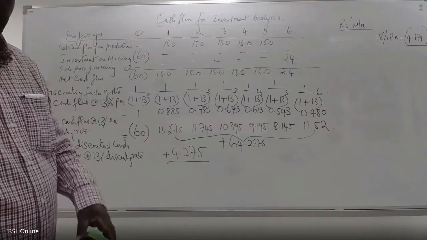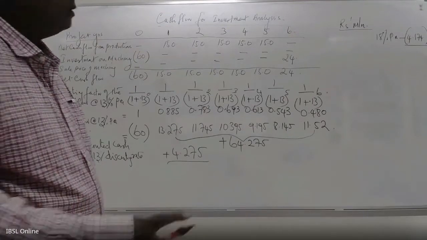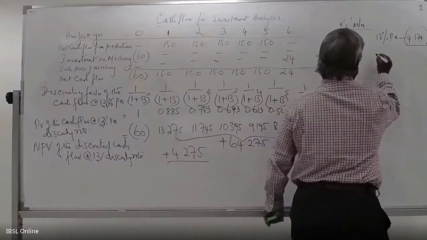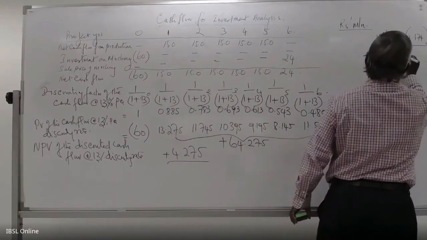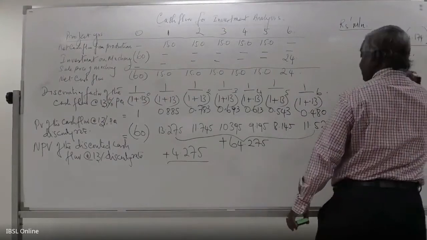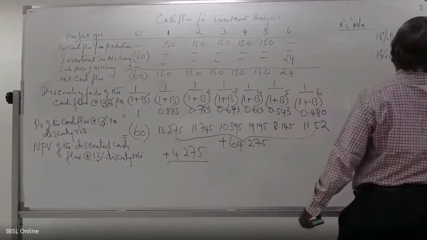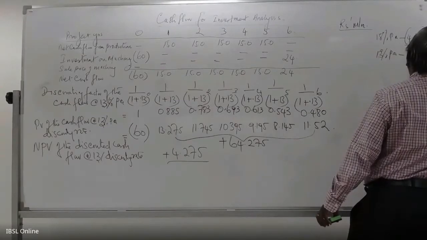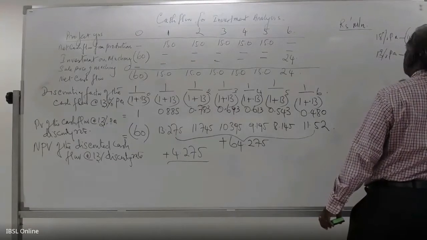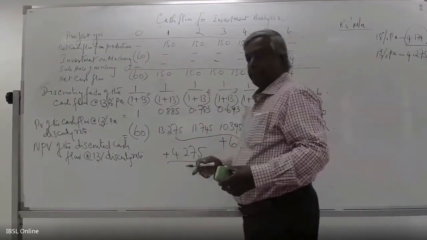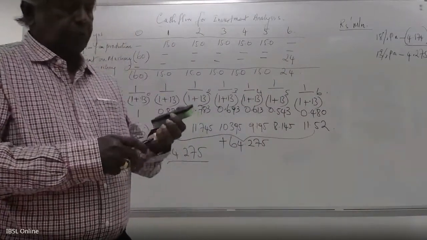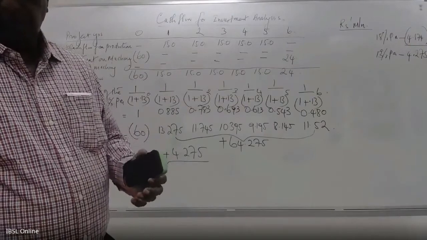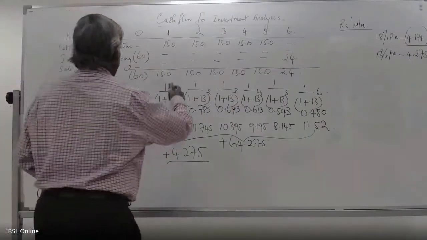I will make a note there. So at 13% interest rate, it is 4.275. Okay, now I will erase this one. I hope you have all noted. I am erasing this.